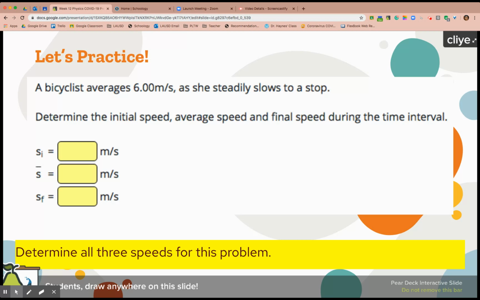So I want you to determine all 3 speeds for this question. You can draw on your slide. What are all 3 speeds? Now you know which equation to use, and you know 2 of the variables.